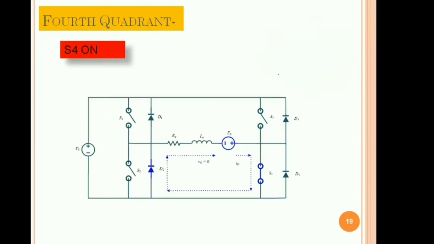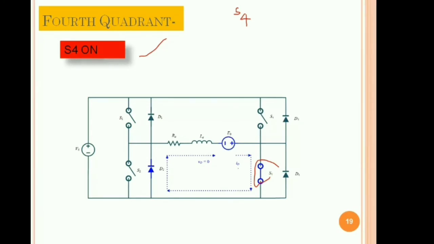And the last one, the fourth quadrant operation of the chopper, where S4 is on. In chopper 4, chopper switch S4 is operated.